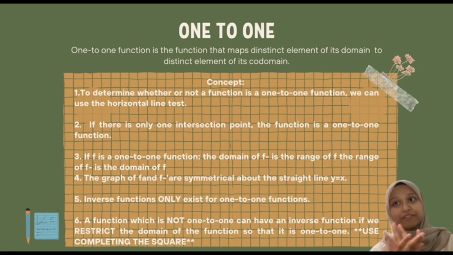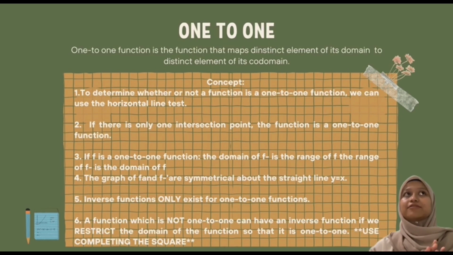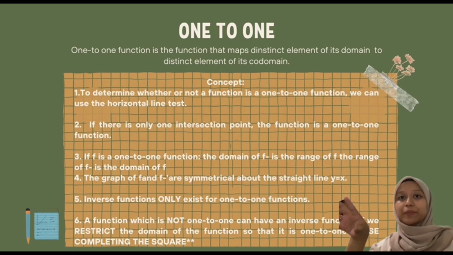The fourth concept is the graph. The graphs of f and f inverse are symmetrical about the straight line y = x. For the fifth, the inverse function only exists for one-to-one functions. As you can see, one-to-one function is related to domain and codomain.